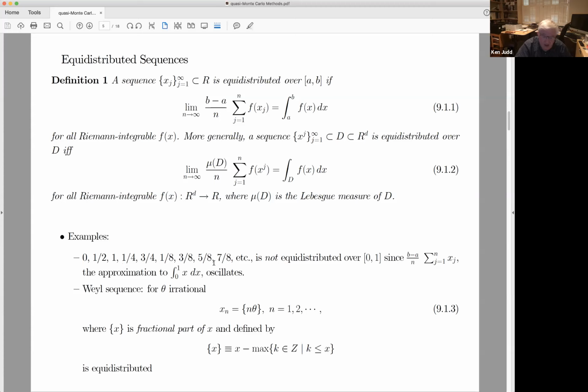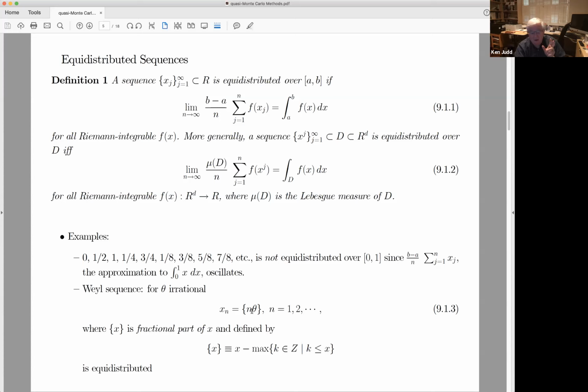Now, how do you get such a sequence? Well, it's very hard to come up with them. It turns out that here's one that really works nicely. You take an irrational number theta, and you're going to draw points on 0, 1.